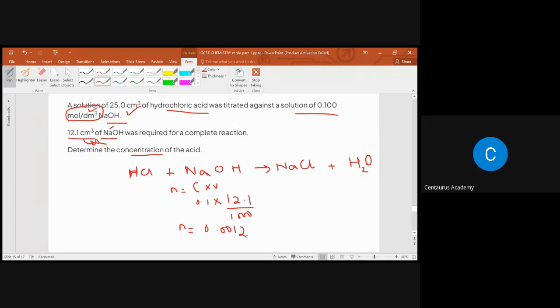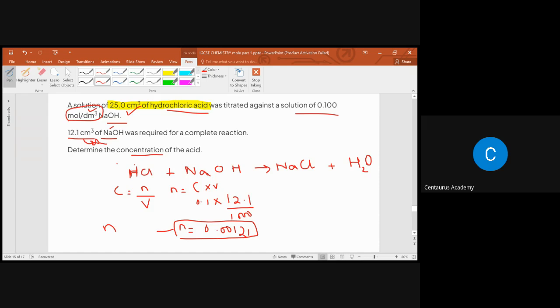So this is the amount of moles of sodium hydroxide which is present. Now, since I need to find out the concentration of hydrochloric acid, I must have the other two variables as well. I must know the amount of moles of hydrochloric acid, and I must also know the volume of hydrochloric acid. Now, I have been given the volume of hydrochloric acid, that is 25 centimeter cube, but I haven't been given the amount of moles. But by using this amount of moles of sodium hydroxide, I can find out the amount of moles of hydrochloric acid. How?